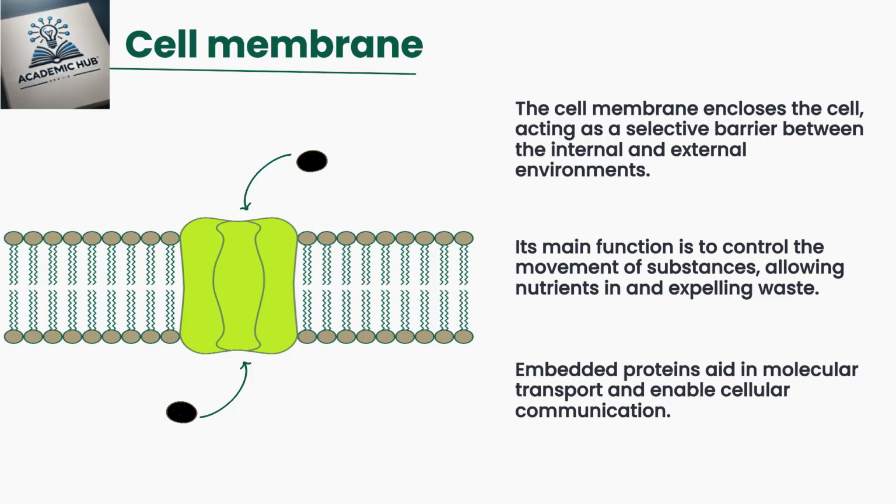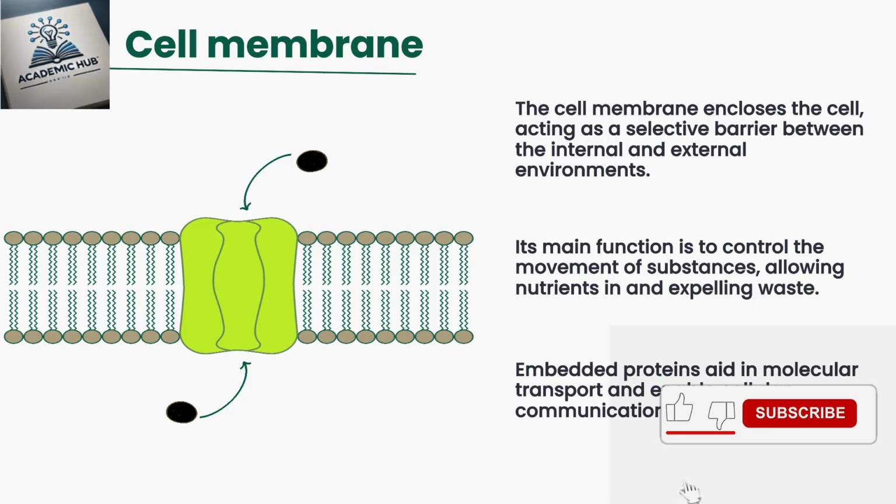For example, aquaporins are specialized proteins that form channels specifically for water, ensuring that water molecules can rapidly move into and out of the cell depending on osmotic conditions. This is particularly important in kidney cells where water reabsorption is essential for regulating body fluid balance. So this is transport proteins.